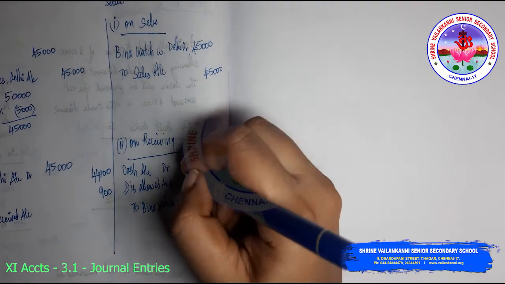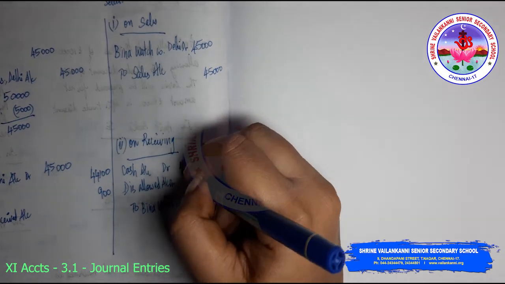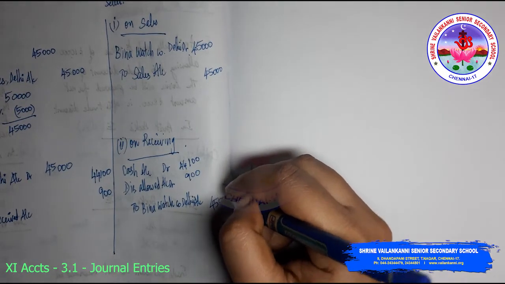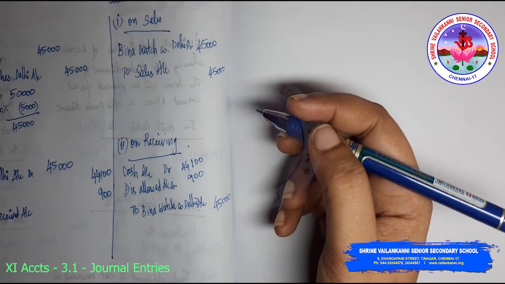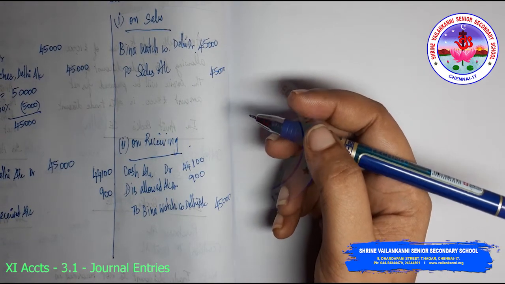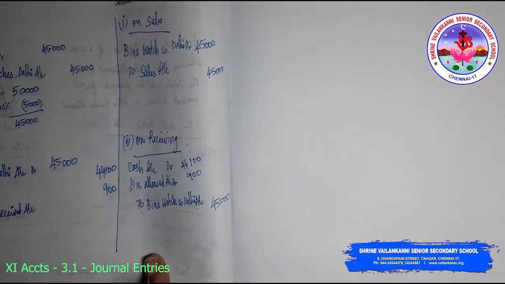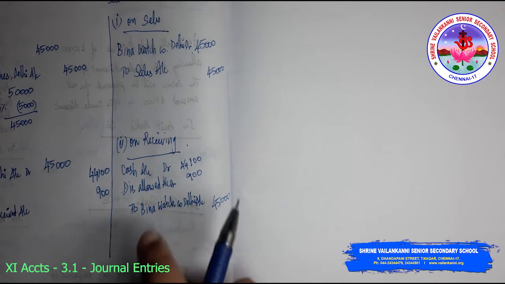So 44,100, 900 and 45,000. Being the cash received in full settlement of a bill at a discount of 2% will be the narration.